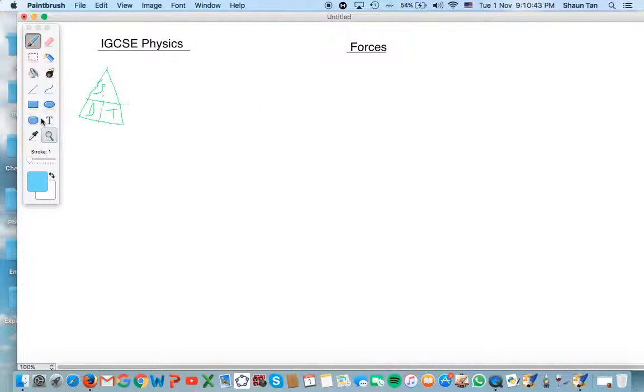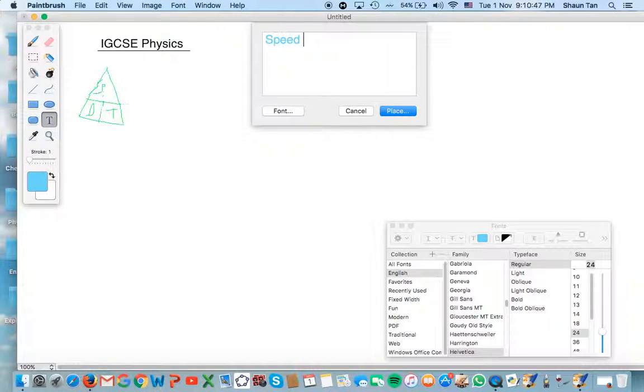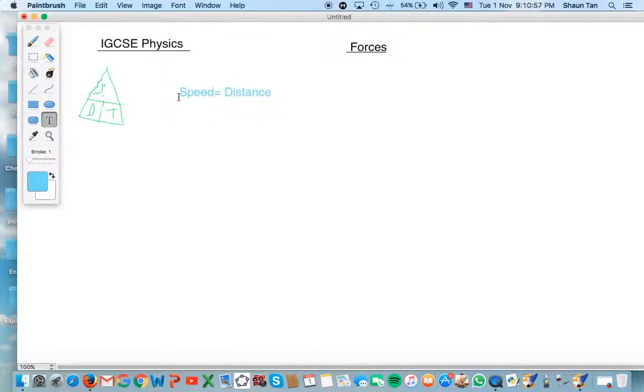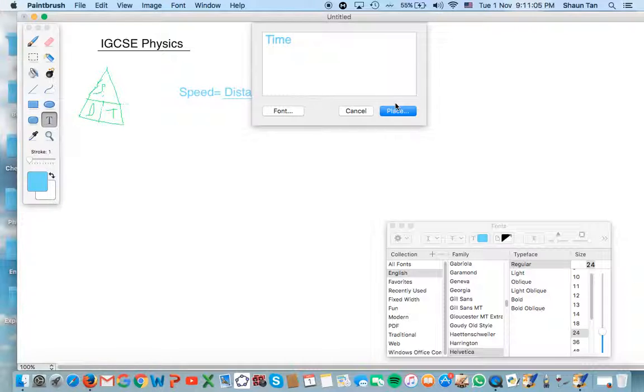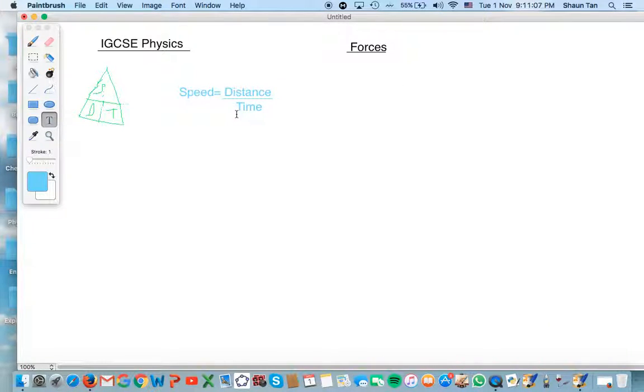So, speed equals distance, and I'm gonna draw a line here, over time. Right. So this is one of the equations that this can lead to.